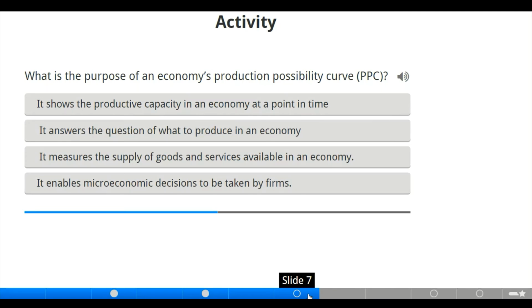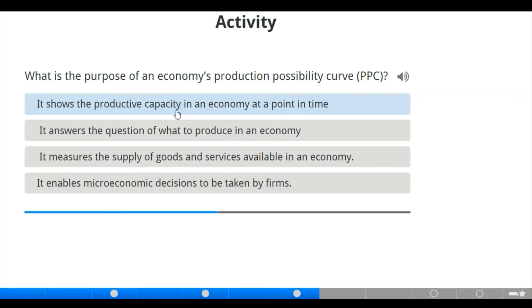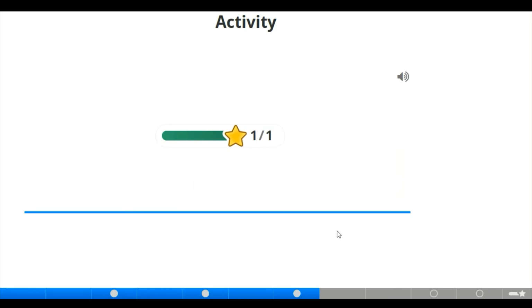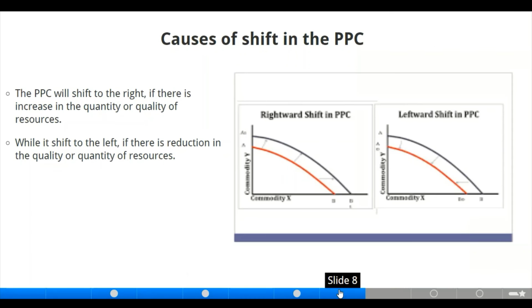No. It measures the supply of goods and services available in an economy. No. The answer should be: it shows the production capacity in an economy at a point in time. That's amazing.